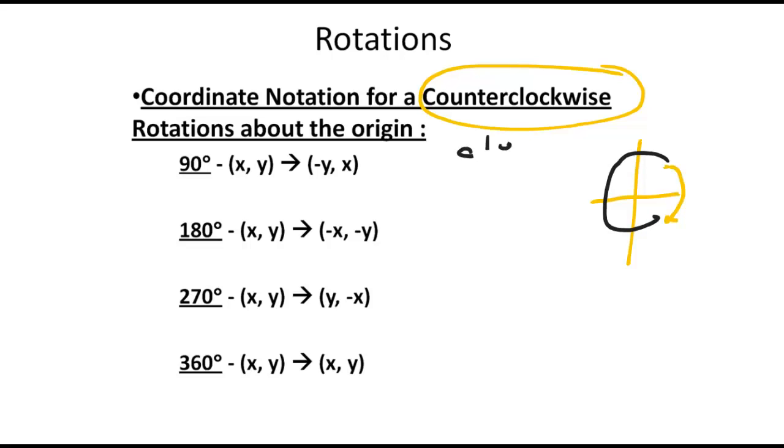If I want to relate them to a clockwise turn, on a clockwise turn, my 270 is going to relate to a 90 degrees, and my 90 is going to relate to a 270 clockwise turn. And as we already said, when it's 180, it doesn't matter whether it's clockwise or counterclockwise, they're the same. The same is also true with the 360.